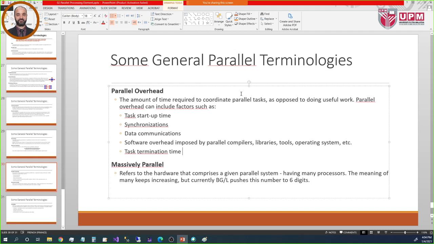So if the application's nature is sequential and we run it in parallel, then the time needed to execute is going to be more than the time needed on serial, because there is something called parallel overhead. Parallel overhead could be a negative thing that increases the execution time. This depends on the nature of the application.